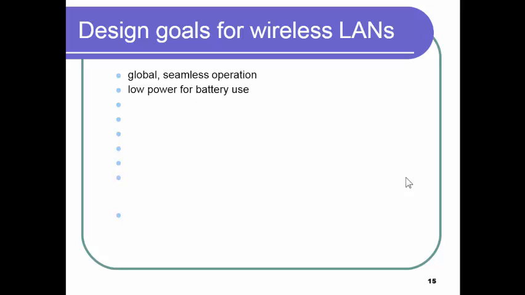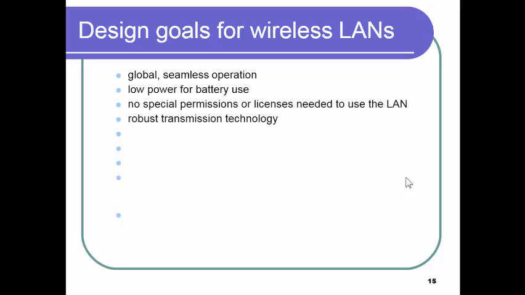Then the design goals for the wireless LAN. The design hardware and the wireless LAN configuration and the specifications of the access point must be global, and it should provide seamless operation. It should work with low power for battery use.